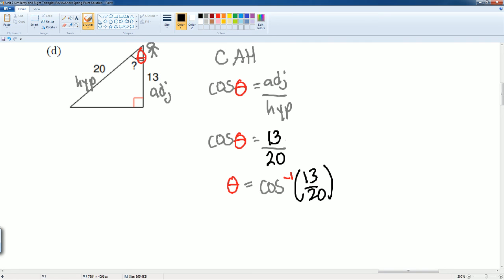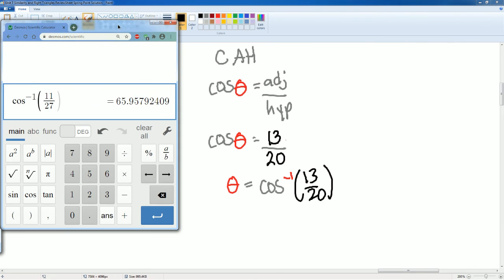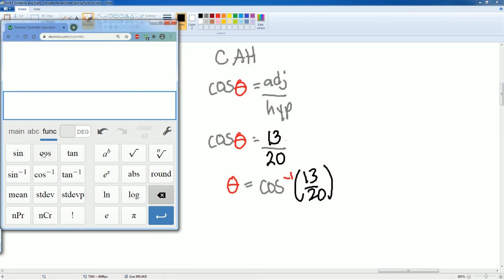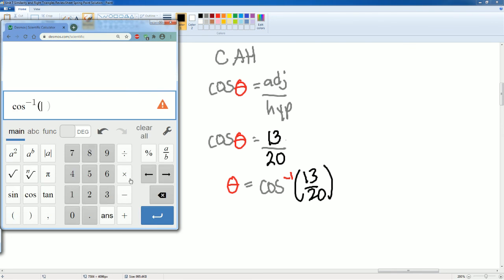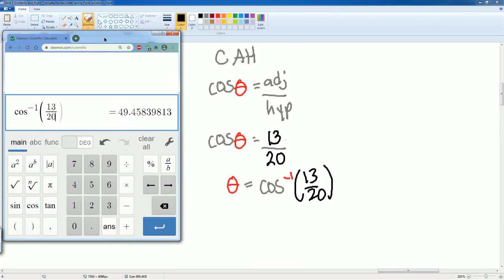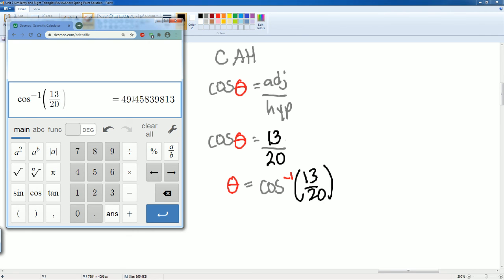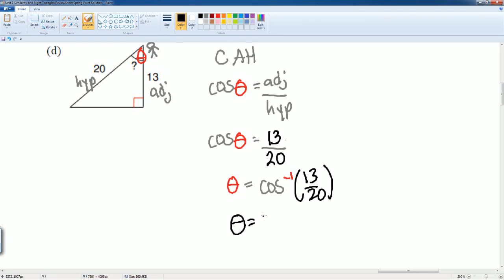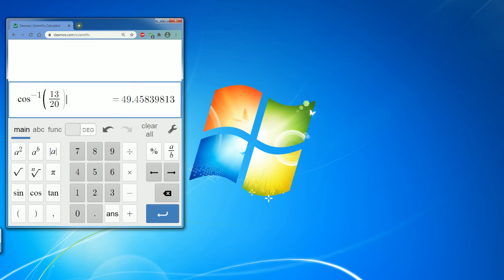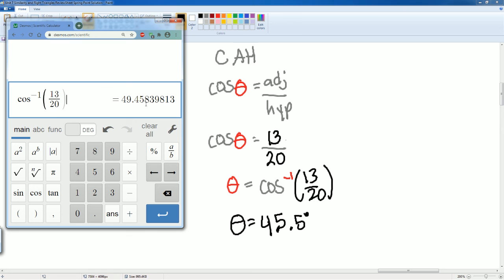Now we plug that into the calculator. Function, cosine inverse 13 divided by 20. All right, that gets you 19.45. Rounding it to the nearest tenth should be 19.5. Wait, hold on. Let's just double check that. 19.5 degrees, right? Yeah. Good.